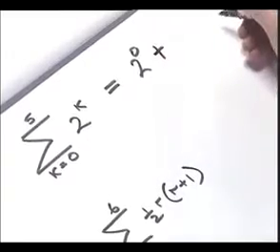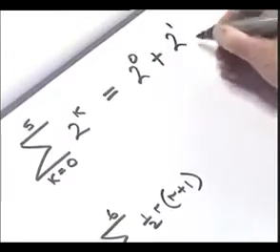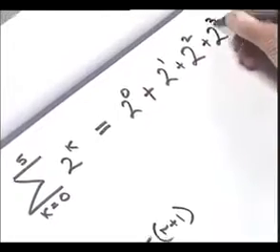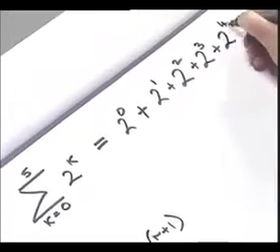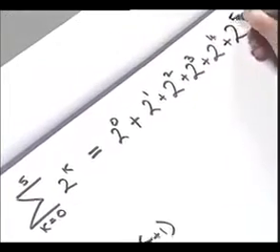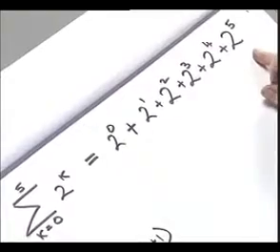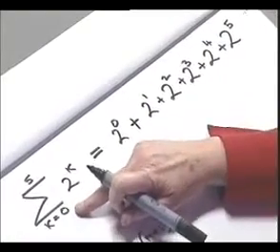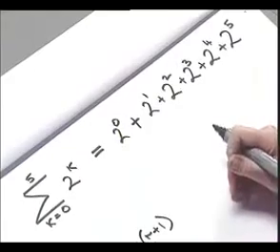Then we add 2 to the 1, plus 2 to the 2, plus 2 to the 3, plus 2 to the 4, plus 2 to the 5. Notice we've got 6 terms. And the reason we've got 6 terms is we started k at 0 and not at 1.